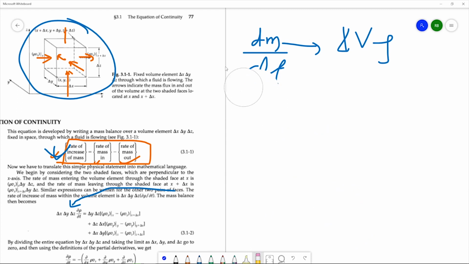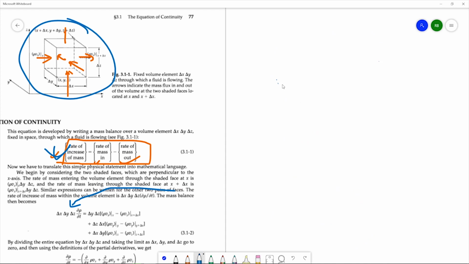Now we'll come to the right hand side. What is the mass flux in? Then we'll multiply by the area. So what is the mass flux in this face? It is in x direction, right? So rho vx, calculated at which face? At x. This is mass flux in. What is the mass flux out?